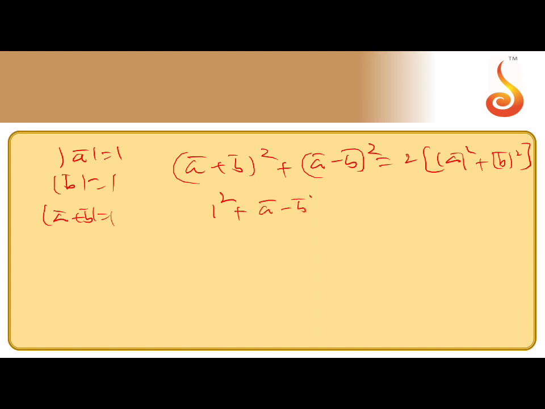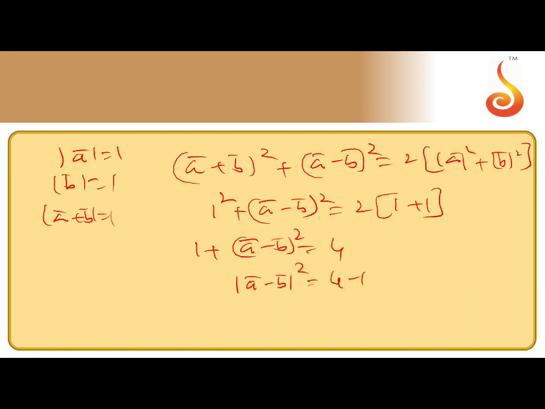So (A bar minus B bar) whole square equal to 2 into (1 plus 1), that is 2 into 2, 4. So modulus of (A bar minus B bar) whole square equal to 4 minus 1, that is 3. Therefore modulus of A minus B equal to root 3, the answer.